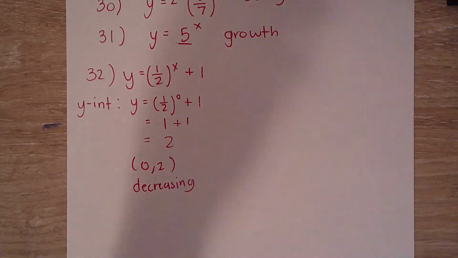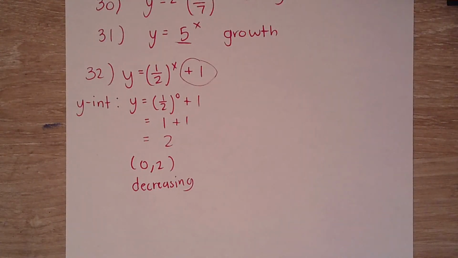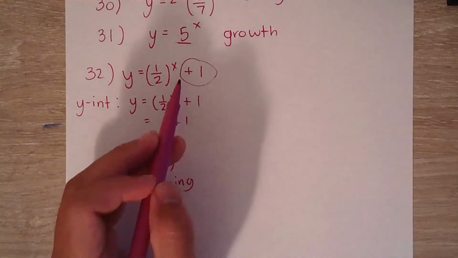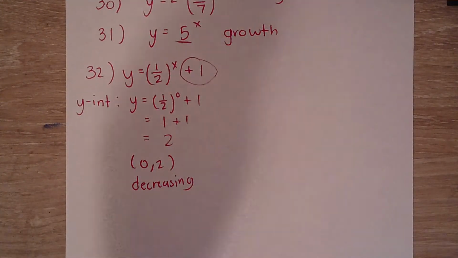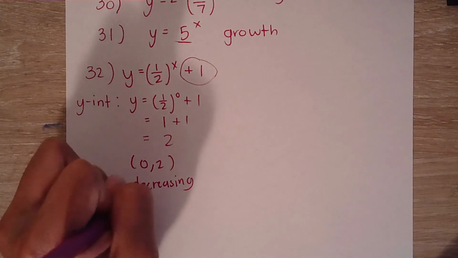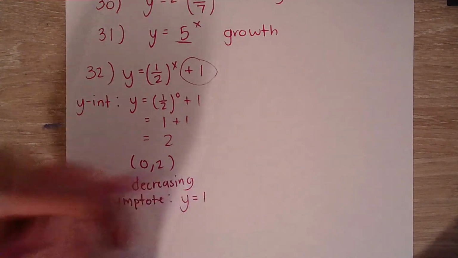But what happens when we have something added to it? Well, that moves our line up by however much we add to it. So since we're adding 1, it moves our line up by 1. So our asymptote, let me go ahead and write that out. Our asymptote is at y is equal to 1.